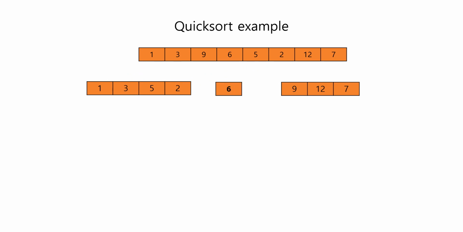And now, once they are all divided into their subarrays, the pivot will be fixed in that position. And these two subarrays also go through the same process.